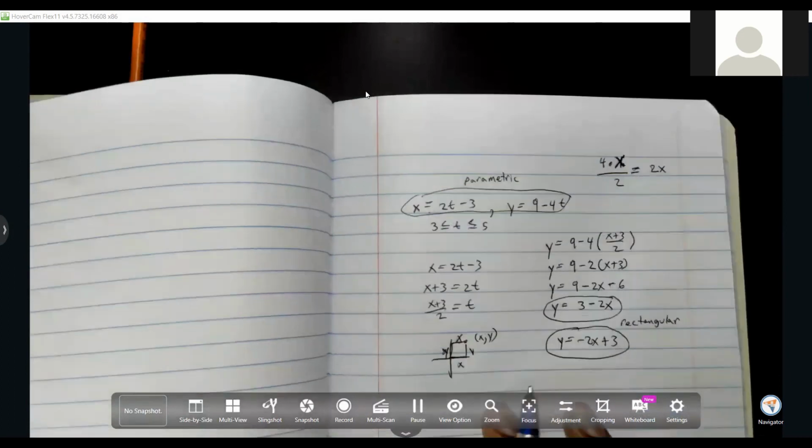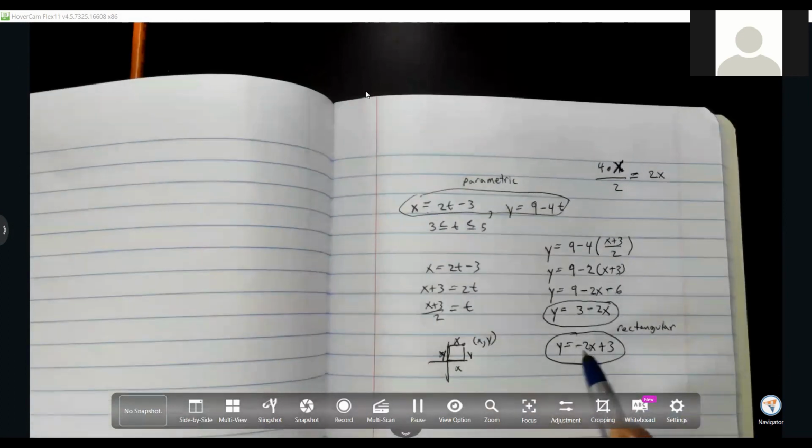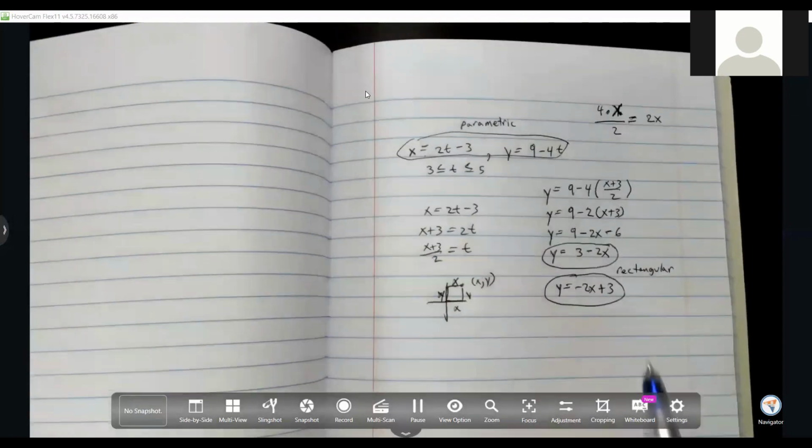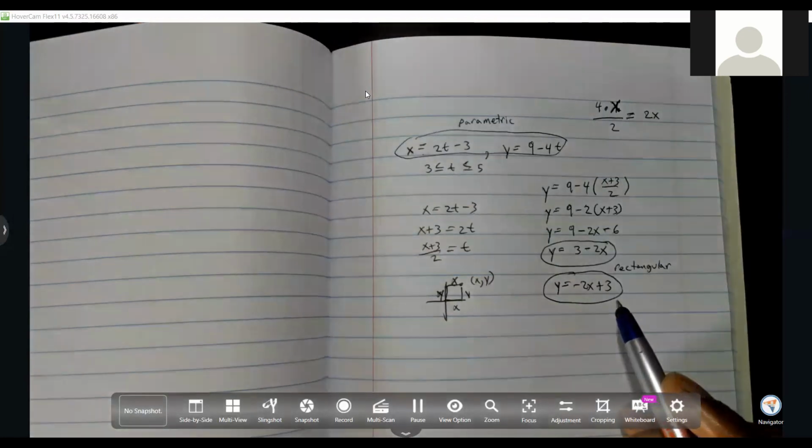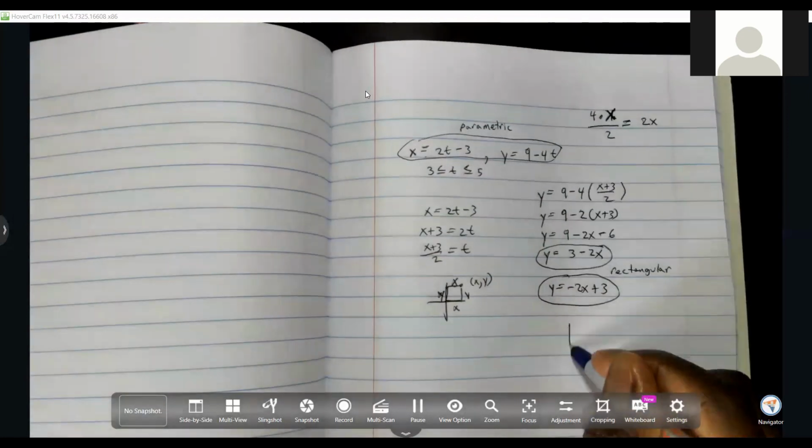So when you graph this equation, what's it going to turn out to be? Like, what is this when you graph it? That's going to be a line. It's a line, right? So this is a line that has a parametric attribute here.